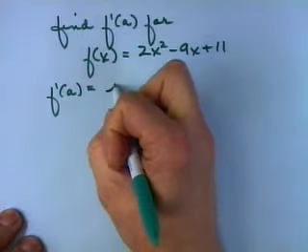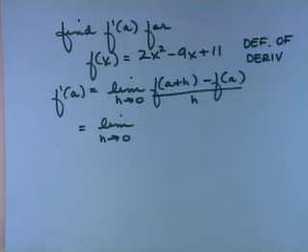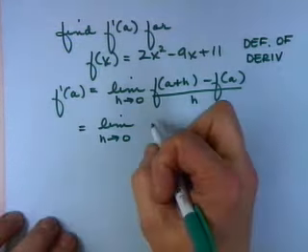So what is the function at a plus h? That says to put in an a plus h everywhere you see the letter, which in this case is x. So instead of 2x squared, it's 2 times a plus h squared. Instead of minus 9x, it's minus 9 times a plus h. And then plus 11 doesn't have a variable in it anyway, so we just bring that along.